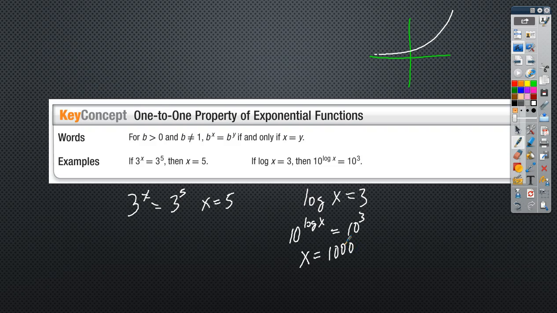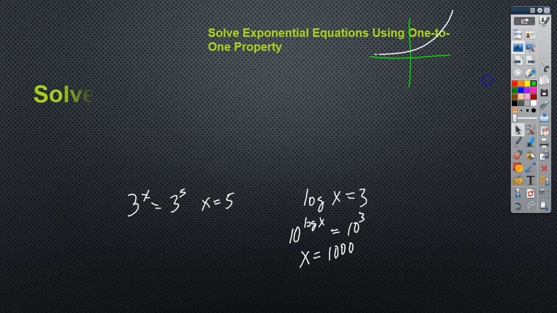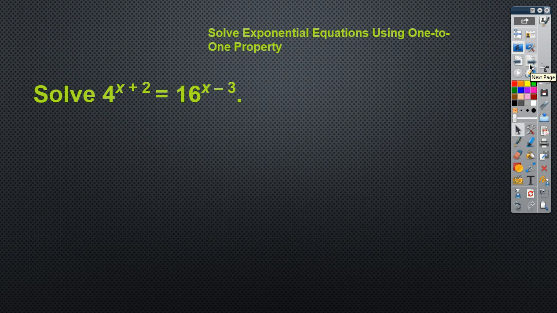So let's see how we can use some of these in equations. Solve 4 to the x plus 2 equals 16 to the x minus 3. To solve these, one of our key things is that we need the same base.